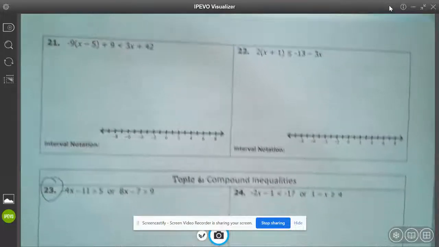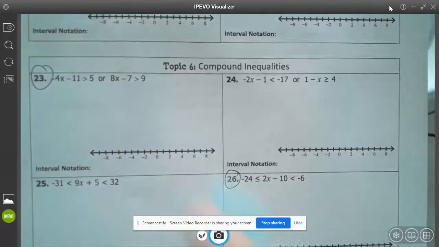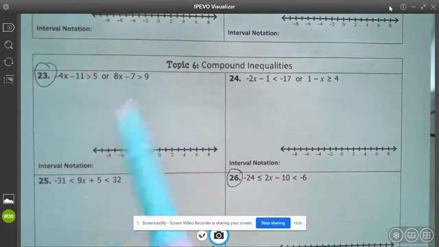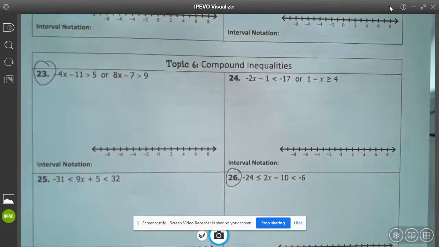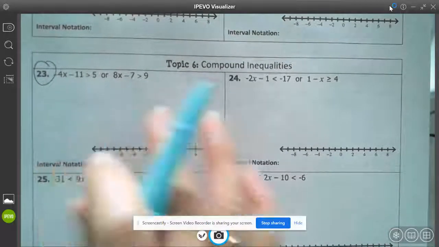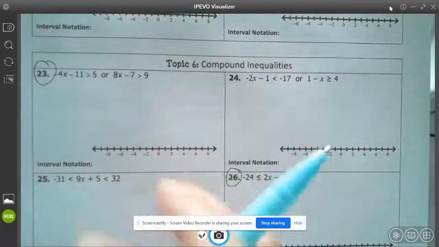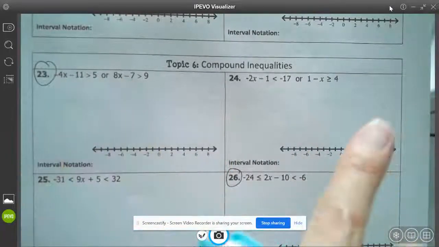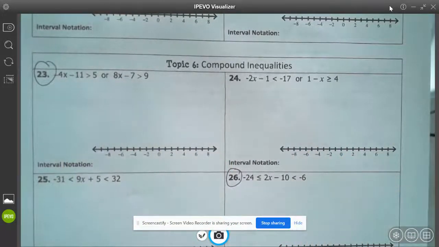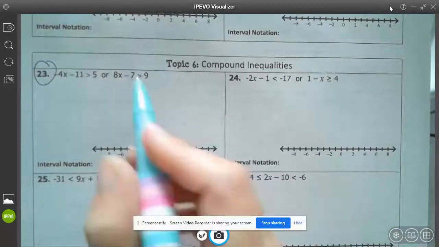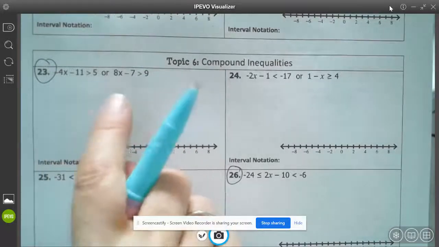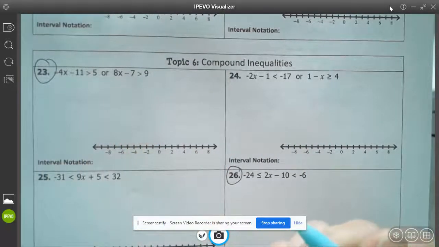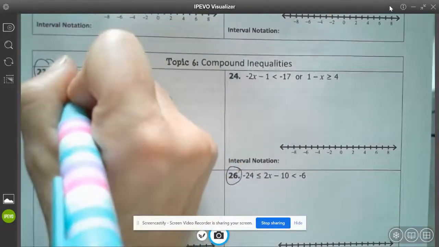We saw compound inequalities. So we have the or, remember, and the and. So let's look at compound inequalities. When we looked at compound inequalities, we said that the or goes apart from each other and the and connects. We know here that there's no equal sign in either, so we have to solve for x.